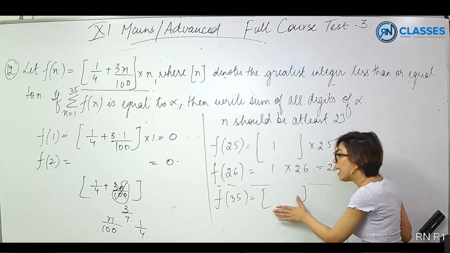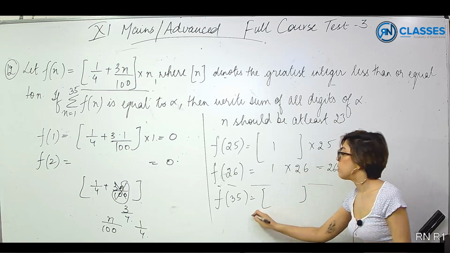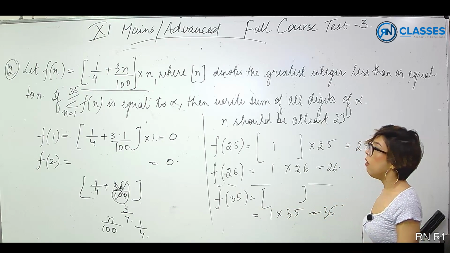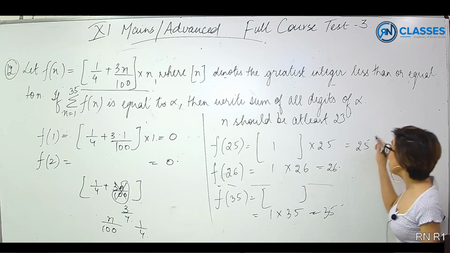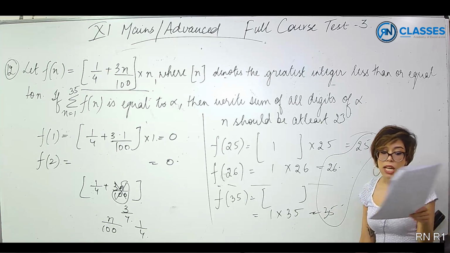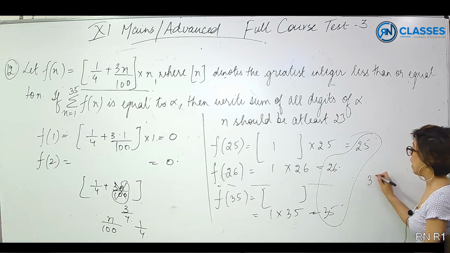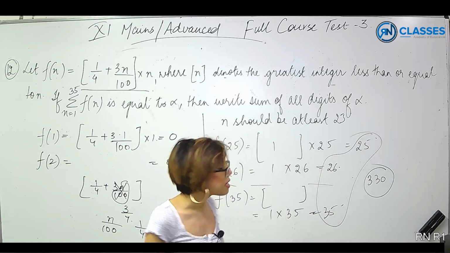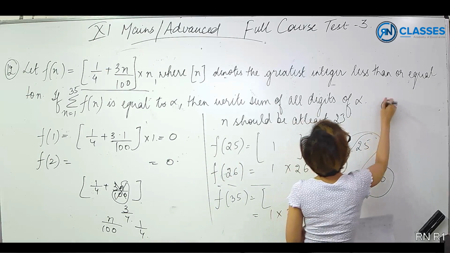Actually it doesn't. Again the quantity is 1 point something, so this is 1 into 35. It is 35. All he is asking is to add these numbers. This is an AP, so you can definitely find the sum. If you add these up, it is 330, which is alpha. But he says write the sum of all digits. That is why the answer is 6 in this case.